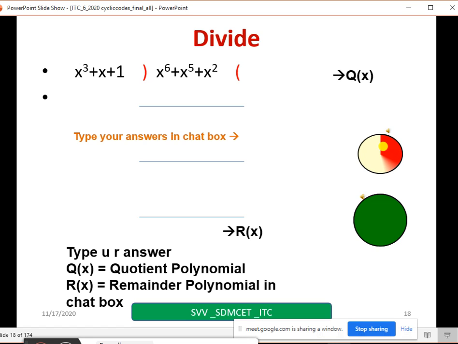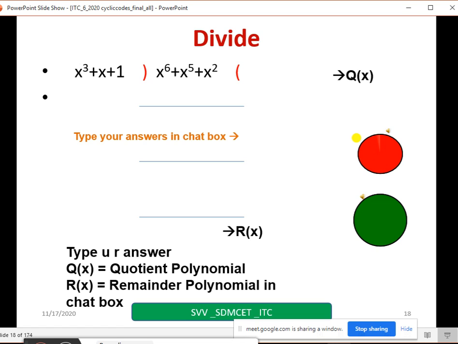Tajuddin, Shilpa, Pragati, Praveen, Charan, Simran, Suhasini, Sai Manthan, Vinay, Ritika, Ankita, Shetty, all are getting the same answer: Q equal to x cube, R equal to 0. I think Harsha Nagling has typed x cube and 0. BM Spurti has got the same answer.